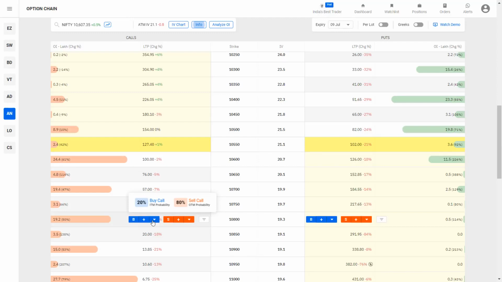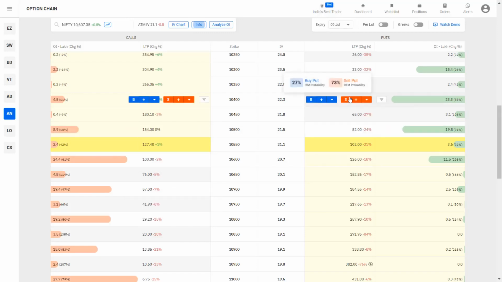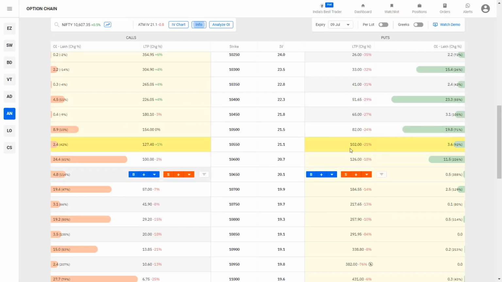But purely from a distance perspective, you can see that there's an 80% chance that the 10800 will expire out of the money. That is, the index won't cross 10800, and there's a 20% chance that the index might cross 10800. This gives you a very good sense of whether it is a good bet to take or a bad bet to take, right? And you can see it for every strike. So this is the probability of expiry in the money.